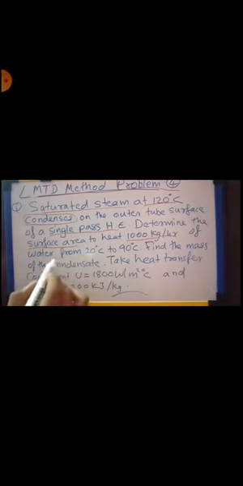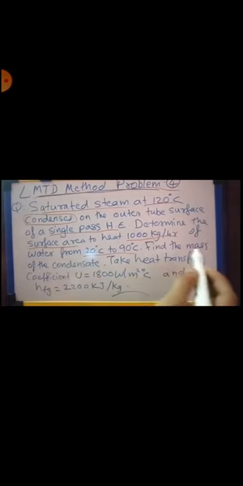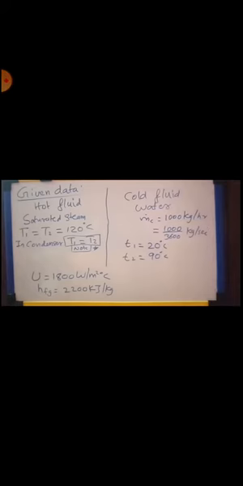We have to find out the surface area. The mass flow rate of the cold fluid and its inlet and outlet temperatures are given. We have to find out the mass of the condensate. Overall heat transfer coefficient U and hfg are given. These are the given data.